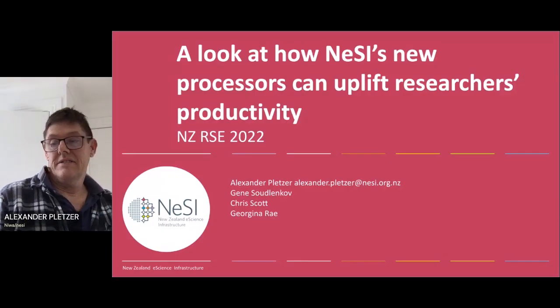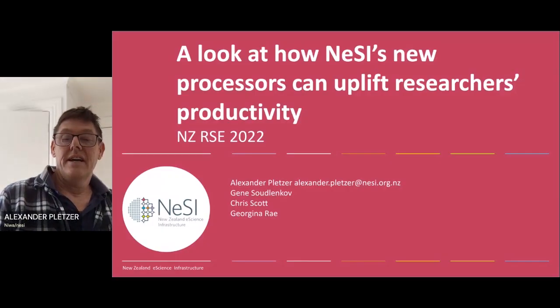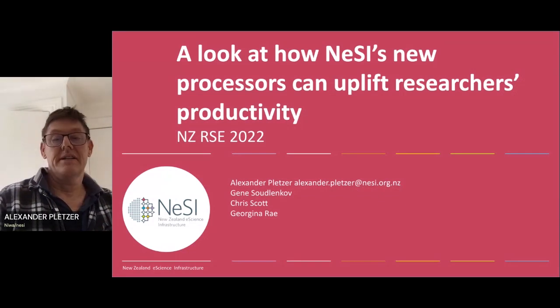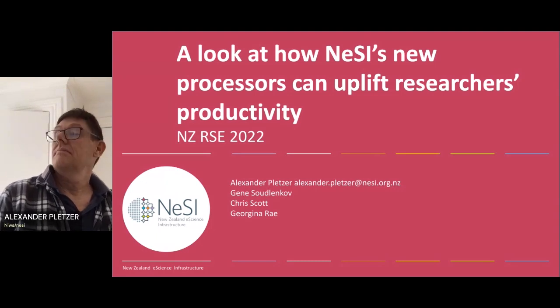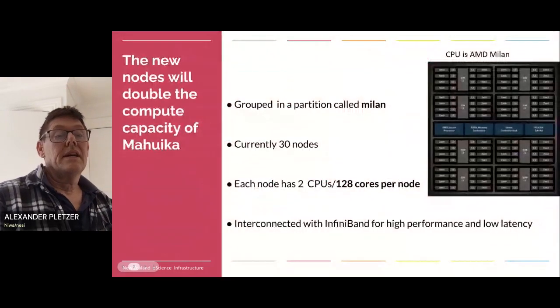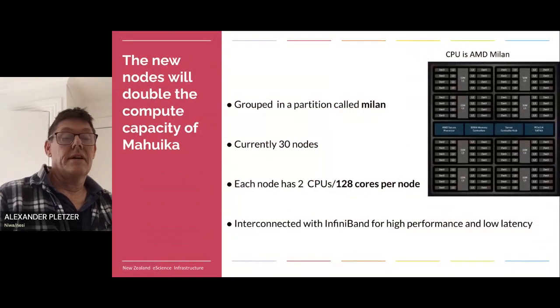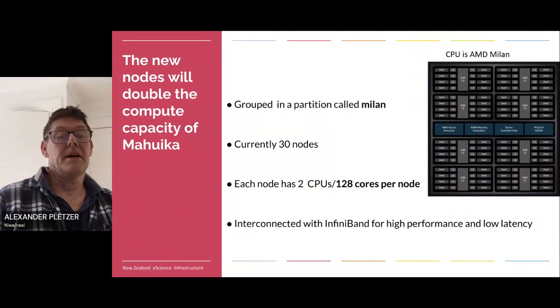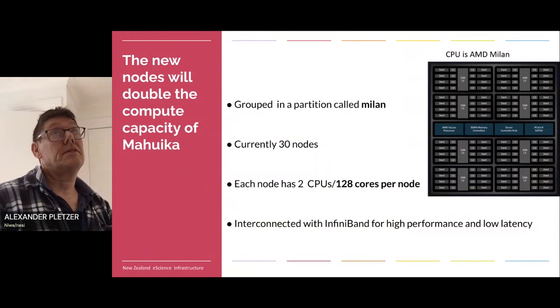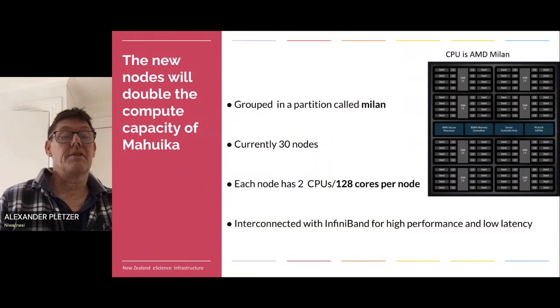Hey, kia ora koutou. This is Alexander from NeSI, and I'm going to talk about taking a look at the new processors that we acquired at NeSI and how you can leverage them for your science. We have a new partition that we have set up, and it's called Milan. We have currently about 30 nodes, and each node has 128 physical cores. So that means with 2 threads, you're going to have 256 threads per node.